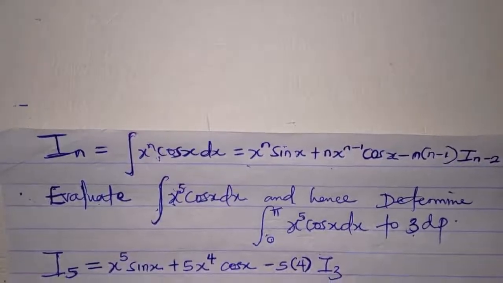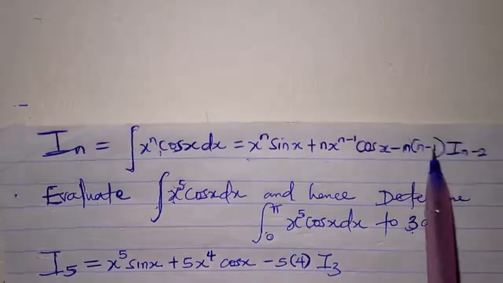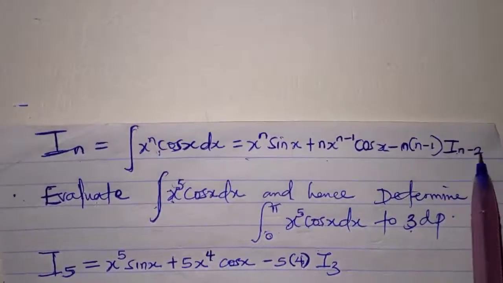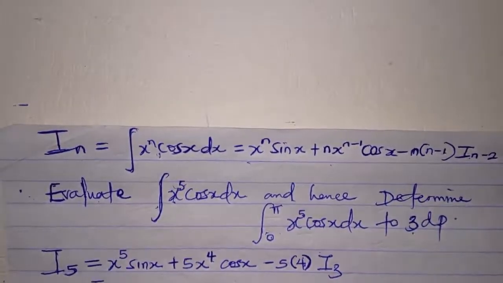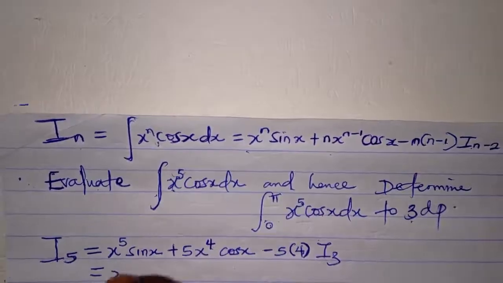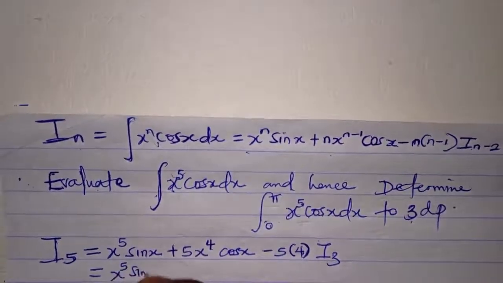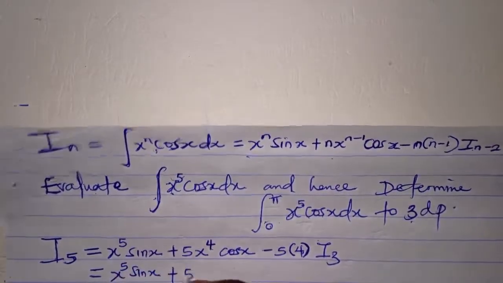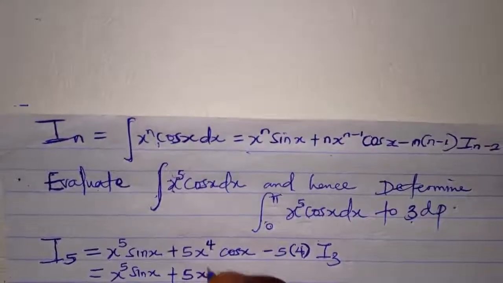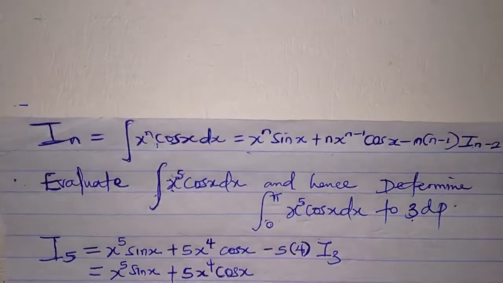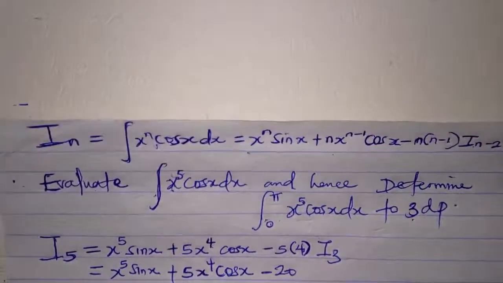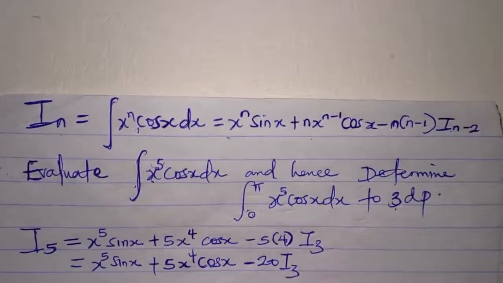I3. Because 5 minus 1 is 4, 5 minus 2 is 3. So this is the same thing as saying x to the 5th sine x plus 5x to the power of 4 cos x minus 20 I3.